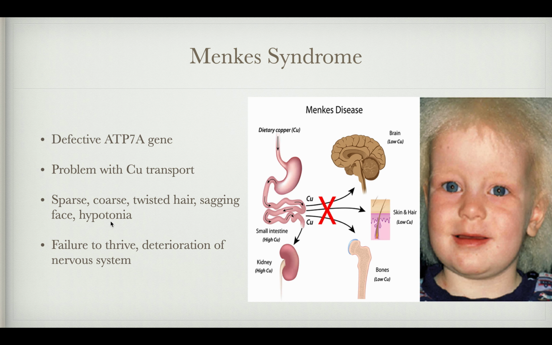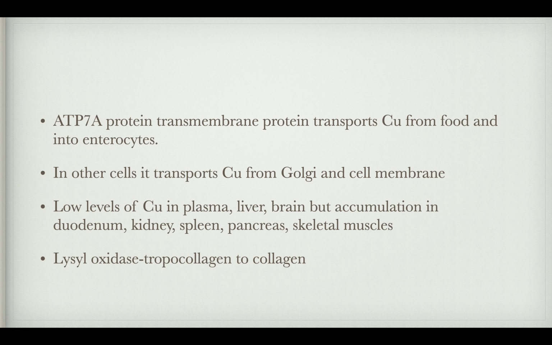So children born with Menkes syndrome have failure to thrive, and they have, unfortunately, a deterioration of the nervous system. So the ATP7A protein transports copper from the food and into the enterocytes, which are the intestinal cells. And in the other cells of the body, it will transport the copper from the Golgi to the cell membrane.